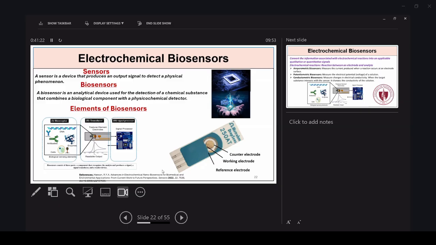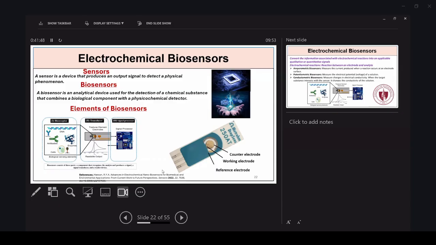So that biological signal will be transduced. These transducers will convert those biological signals into electrochemical signals or biochemical signals and pass them to the signal processor. So that biological recognition or biological event will be recognized by these transducers and converted into readable outputs.